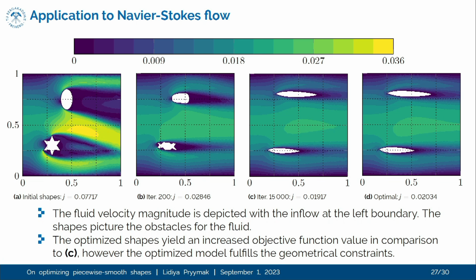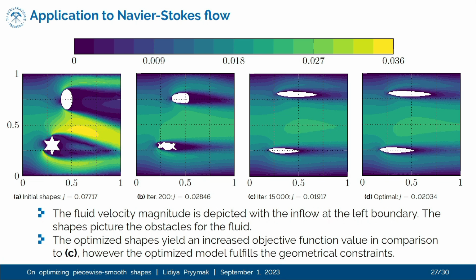We also have boundary conditions here. And in each picture, you see the value of the objective function. It is obvious that the optimized shapes have a decreased value of the objective function.